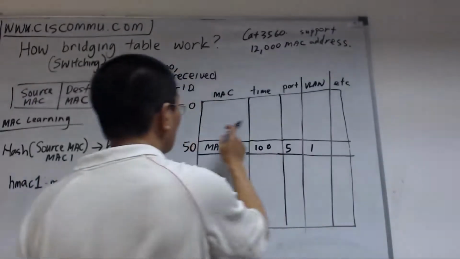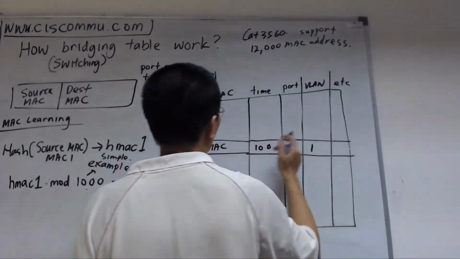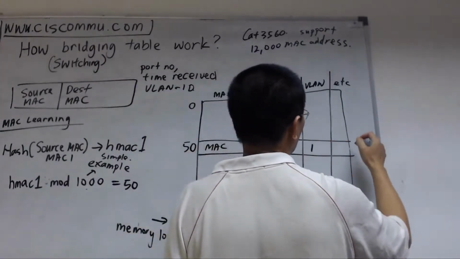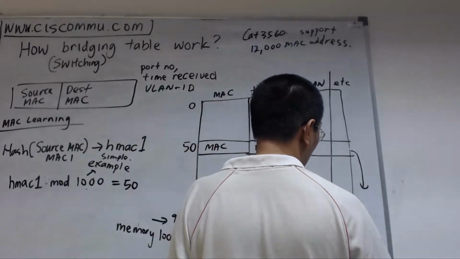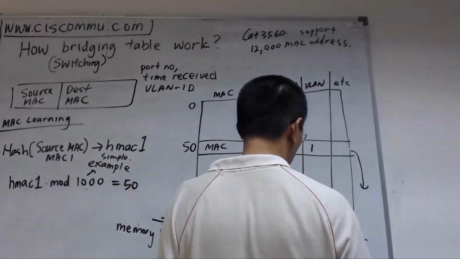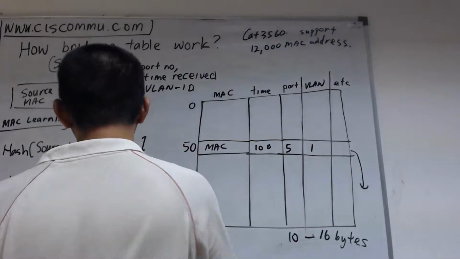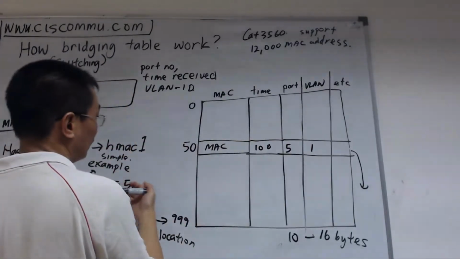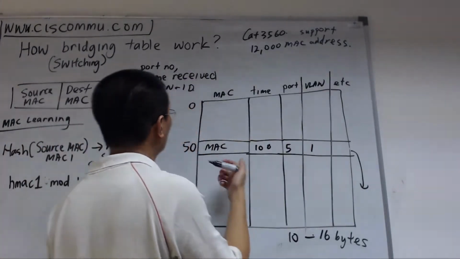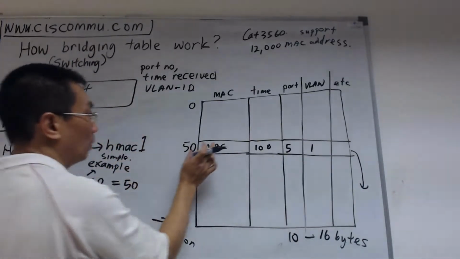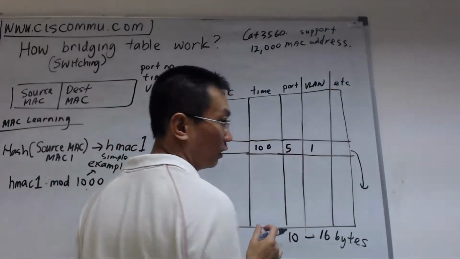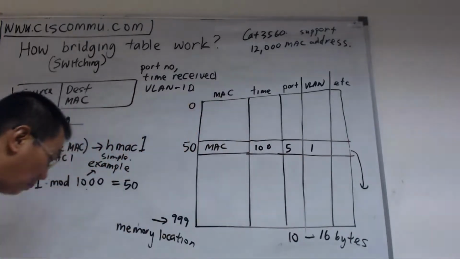Depending on your design, the whole entry can be maybe 10 to 16 bytes or more. So this is the MAC address learning process: we take the MAC address, hash it, get the value, and put it into the memory location.